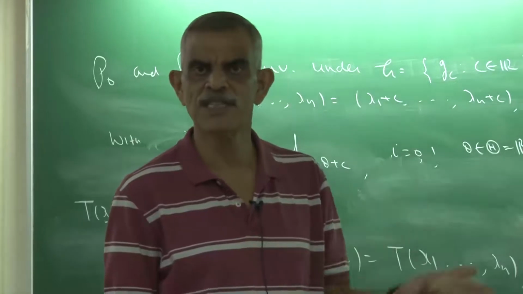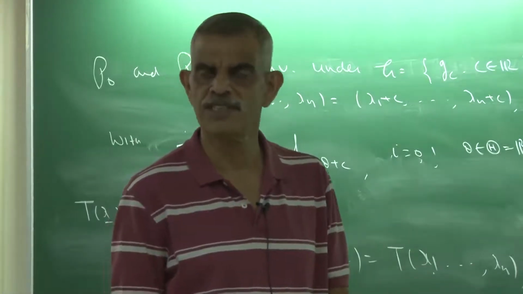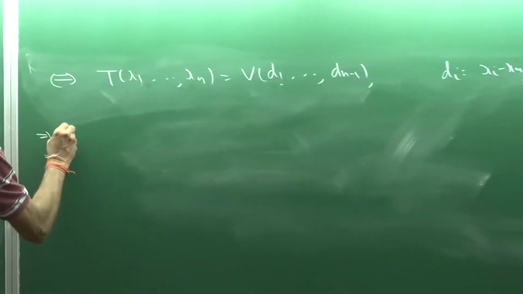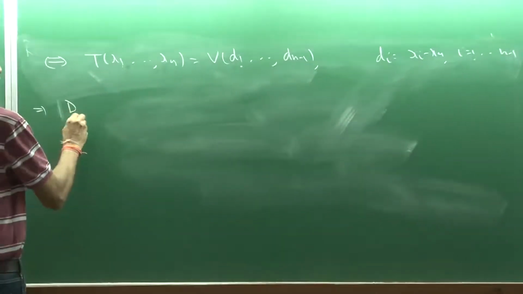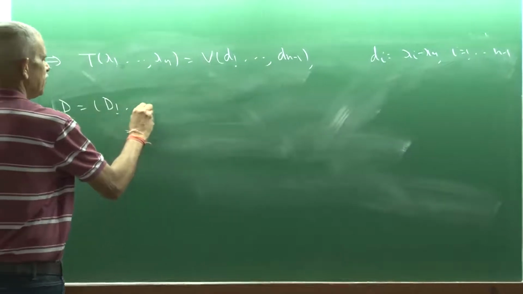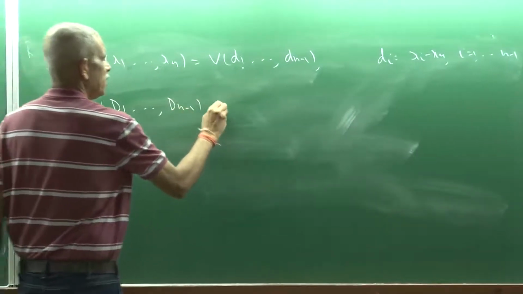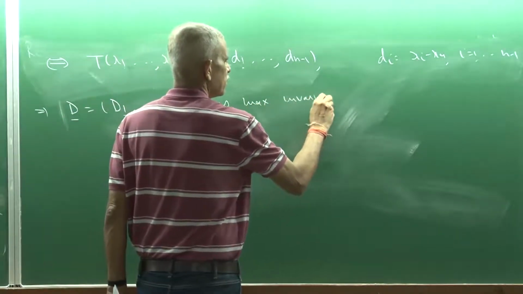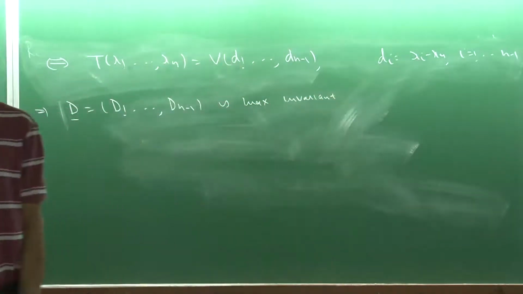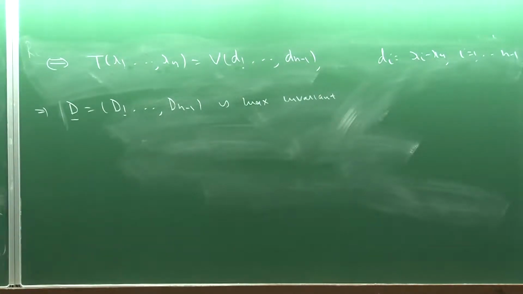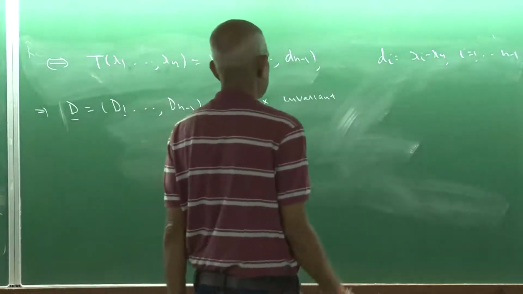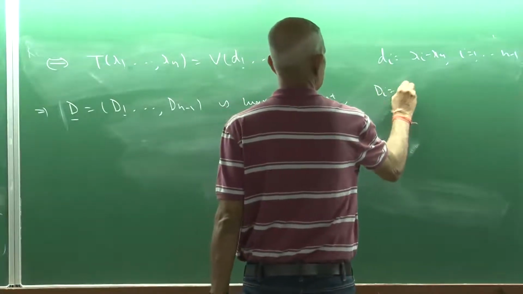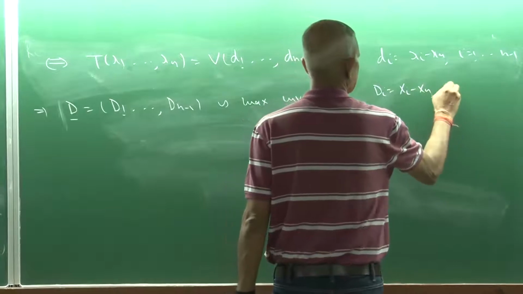That means the maximal invariant statistic has to be a function of d1, d2, ..., dn minus 1. This implies that d, which is d1, d2, ..., dn minus 1, is maximal invariant, where di is nothing but xi minus xn.